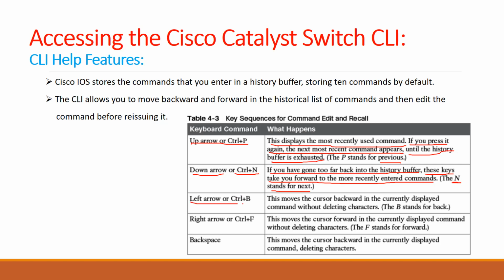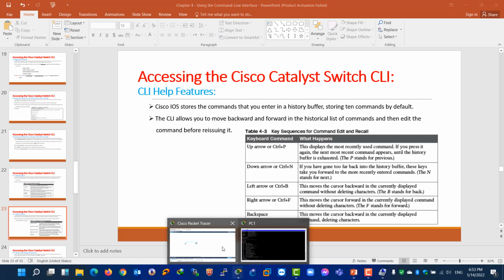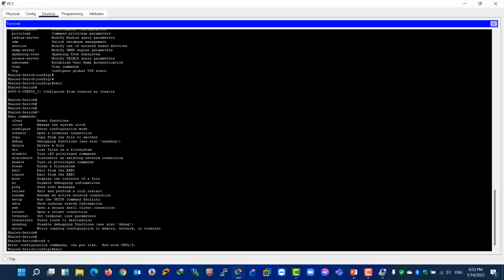The left arrow or Control B moves the cursor backward in the currently displayed command without deleting characters. Let's try this. Let's type exit and the left key.